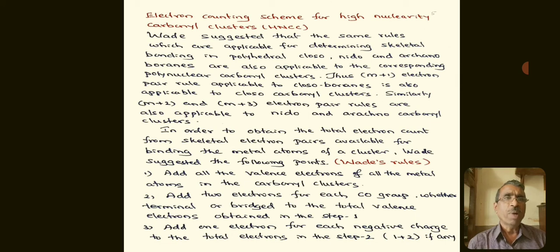Thus, the M plus 1 electron pair rule applicable to closoboranes is also applicable to closocarbonyl clusters. Similarly, M plus 2 and M plus 3 electron pair rules are also applicable to nido and arachnocarbonyl clusters.